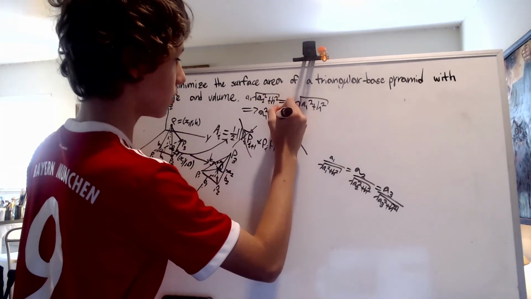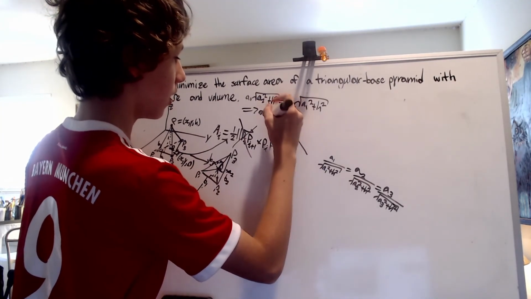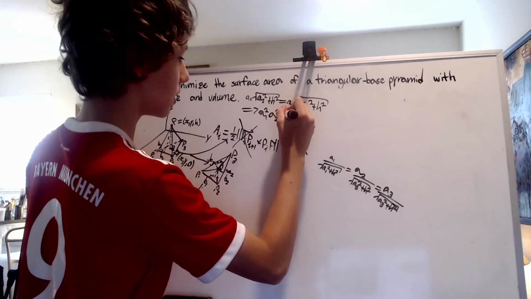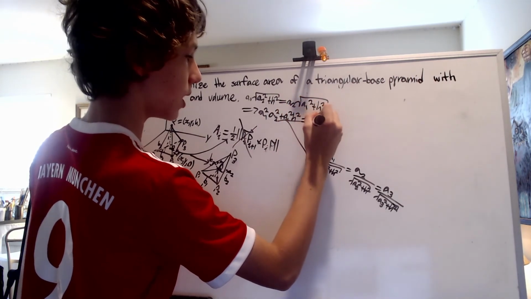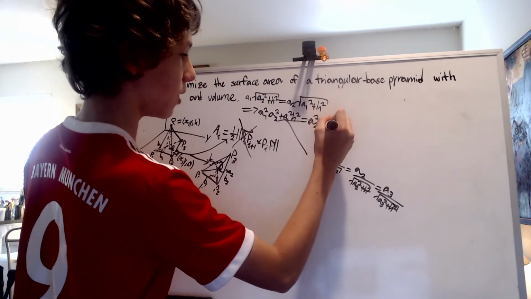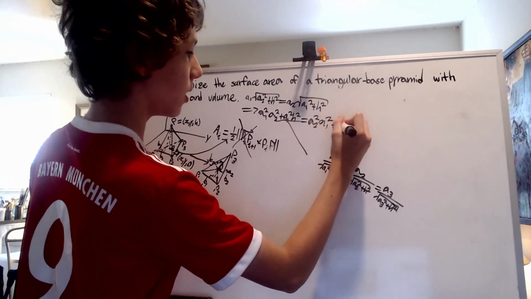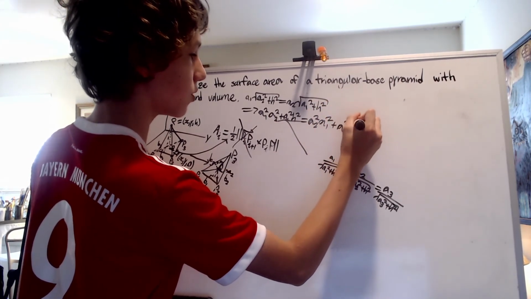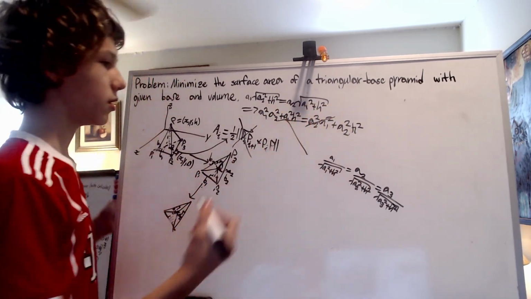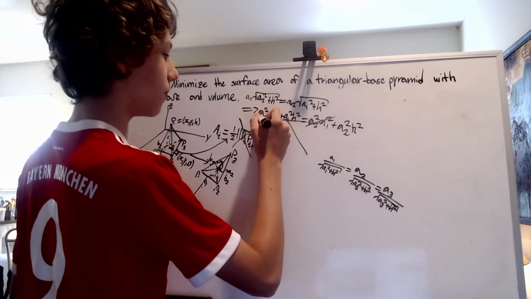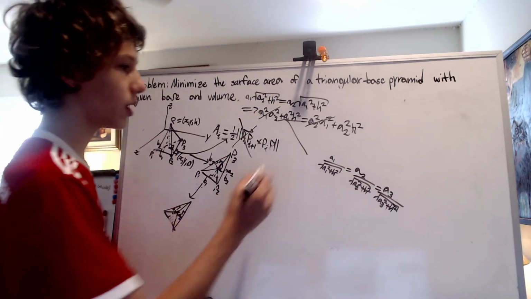So we're going to have a1 squared times a2 squared plus a1 squared times h squared equals a2 squared times a1 squared plus a2 squared times h squared. And notice that these two terms are the same by the commutativity of multiplication, so we can cancel those out.